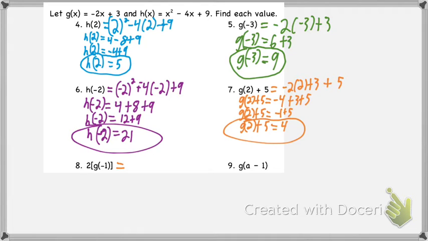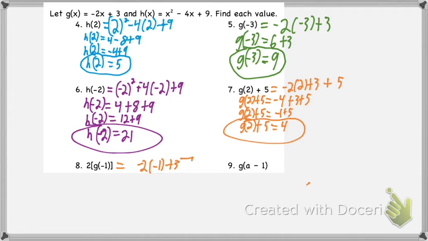We're going to take our negative 1 and plug it in for x. So negative 2 times negative 1 plus 3.